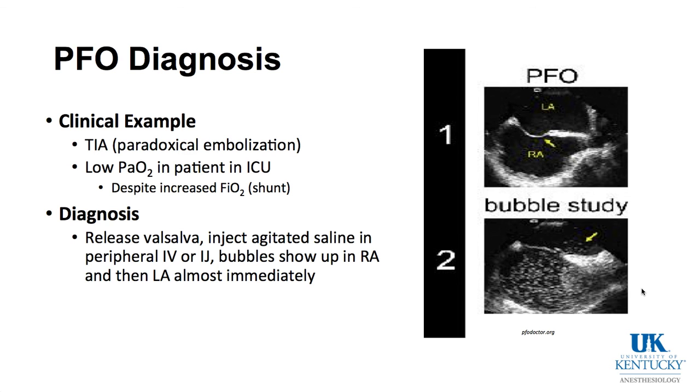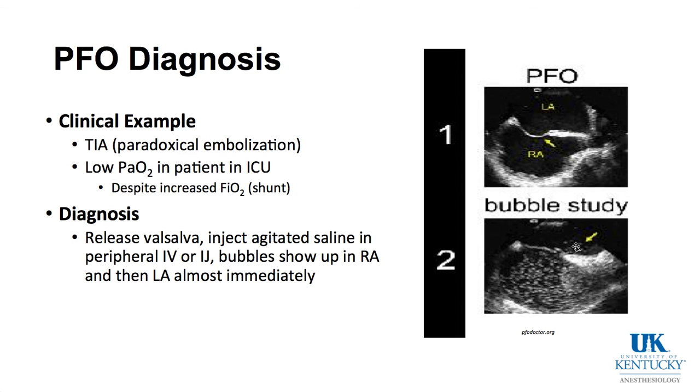Then inject it through a central line or a peripheral IV that's running fast. These contrast bubbles show up in the SVC, then in the right atrium, and in some cases they just show up in the right atrium and never cross over into the other side. That would be a normal bubble study.